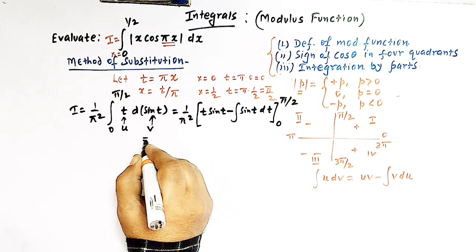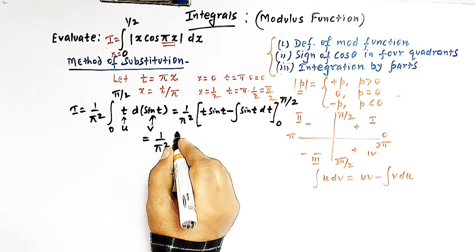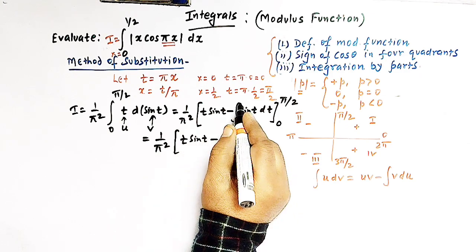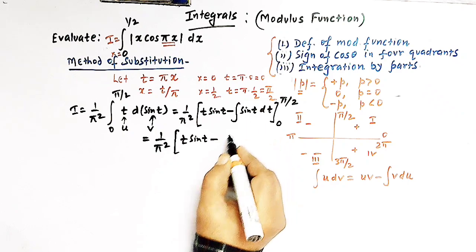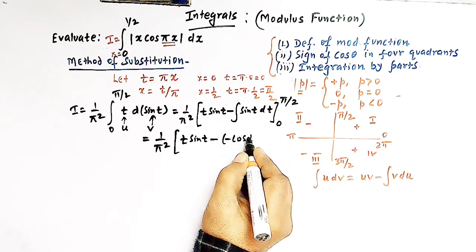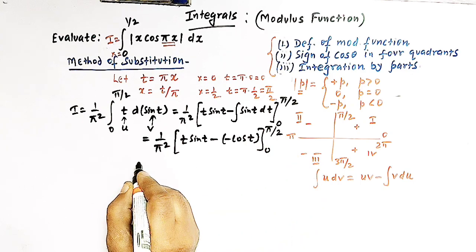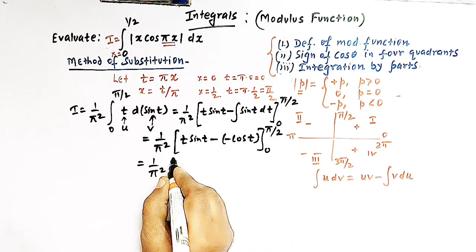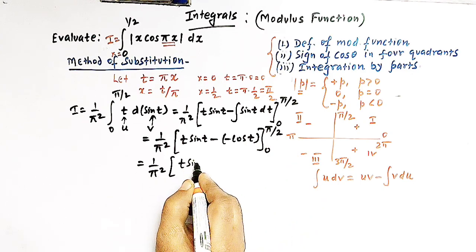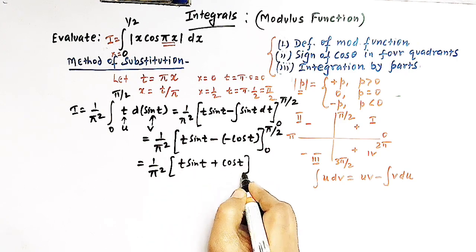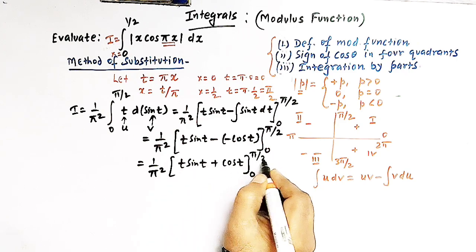So now we can write 1 over pi square, and then we have t sine t minus the integral of sine t, which is minus cos of t, and the limits of integration are from 0 to pi by 2. So we have 1 over pi square, and then we have t sine t plus cosine t, and limits are from 0 to pi by 2.